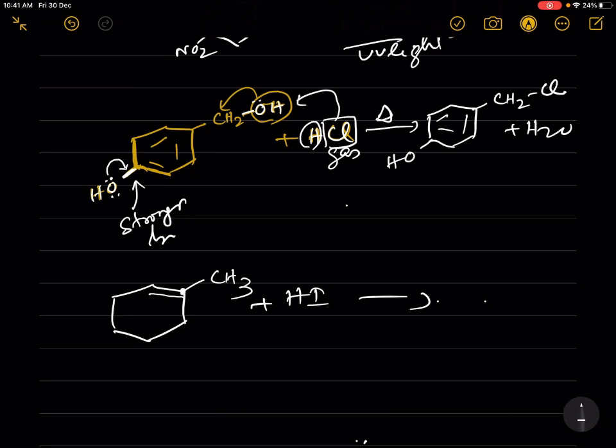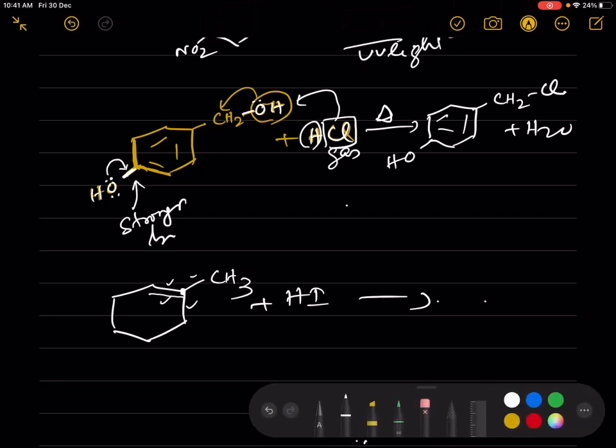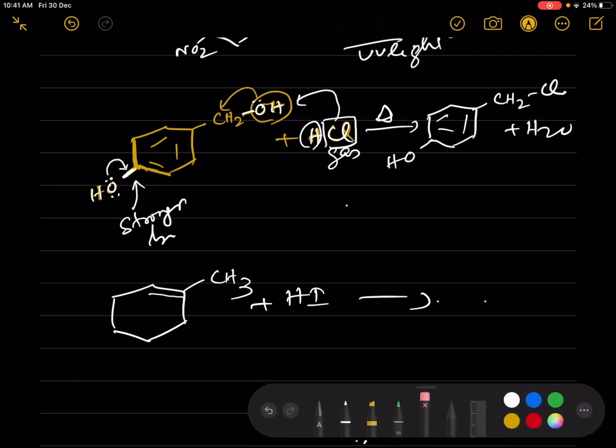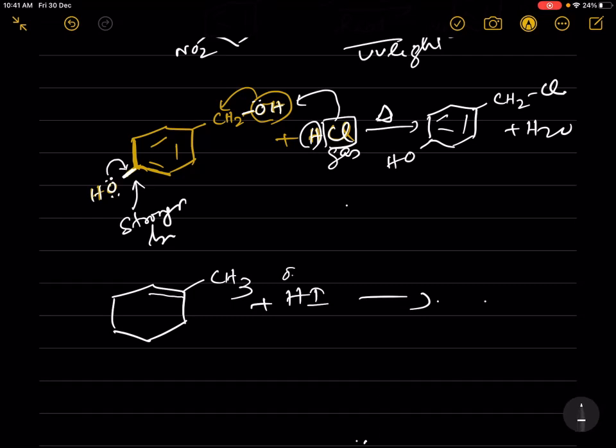There are 4 bonds, and this one delta plus delta minus, and this I can be bonded over here, and H can be bonded over here, and this is according to Markovnikov's rule.